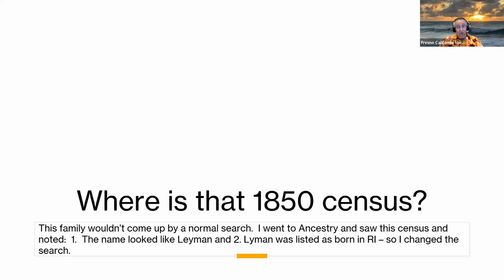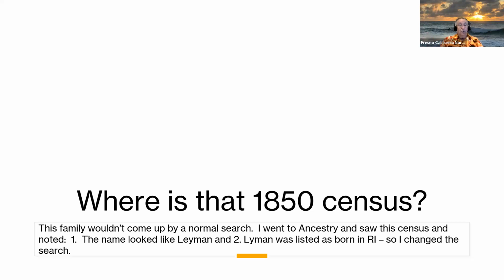That's why we have these partner accounts. And I find him from one of the records that we already have on him, and then look at the other records that go with it. And here's a link to the 1850 census. So I go look at it, and it's transcribed over at Ancestry as Layman.